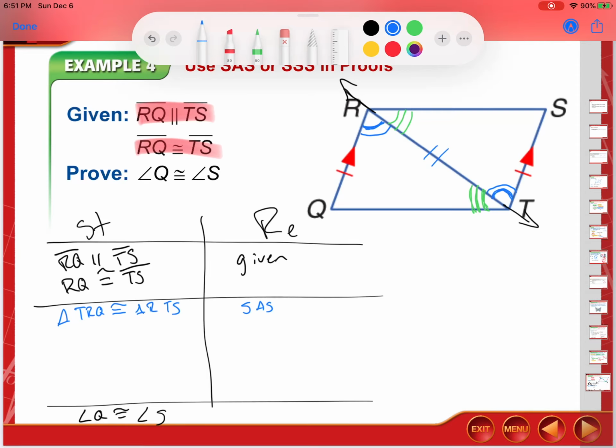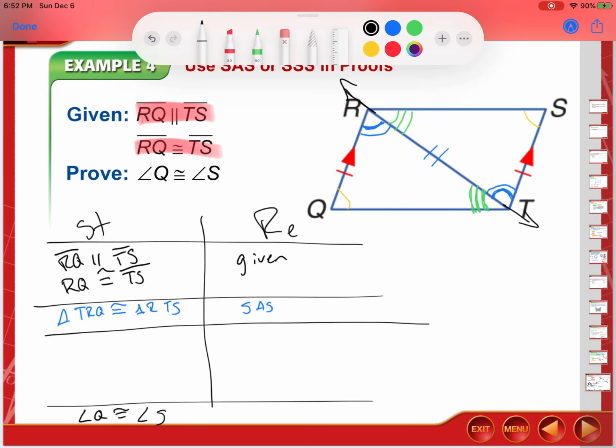Side angle side. Now, if these triangles are congruent, then that means every single piece of these triangles has to be congruent. That being said, we could go through and say, okay, Q and S must be congruent based upon the third angles theorem, but that would take a couple more steps to prove.